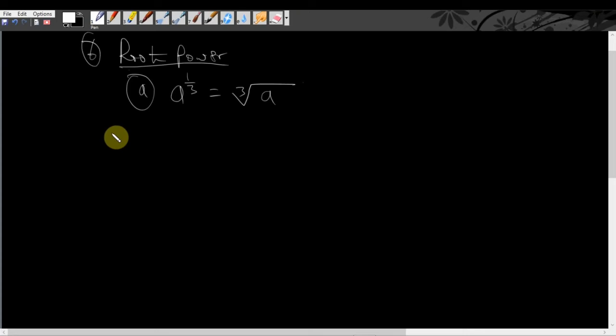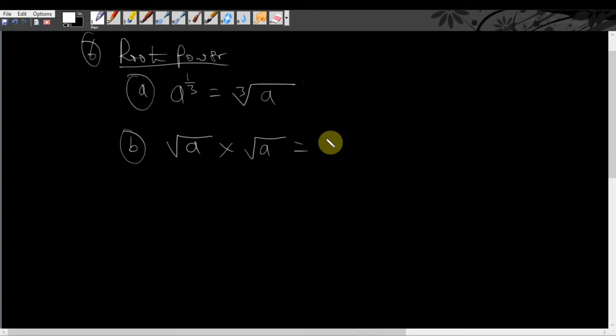Okay, let's go further. Let's solve B now. Let's say we have square root of a multiplied by square root of a. Remember what we did here.